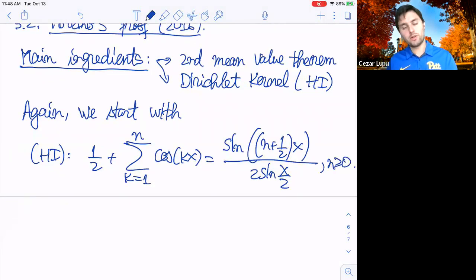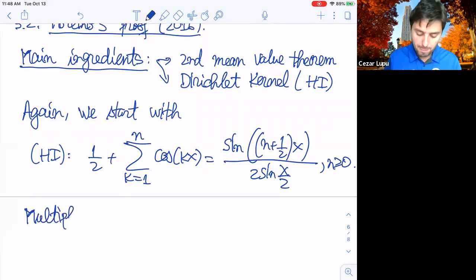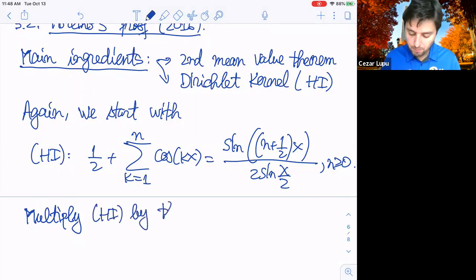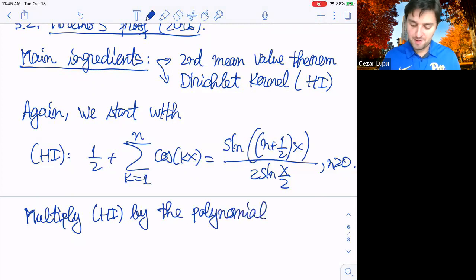But now what I'm going to do, I'm going to multiply this identity by the following quadratic polynomial. In fact, there is a phenomenon hidden here.